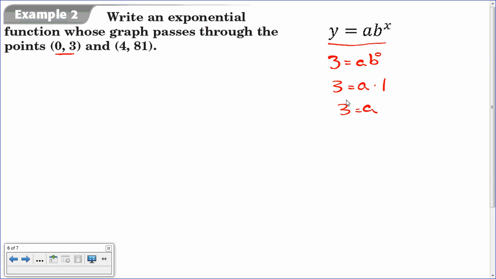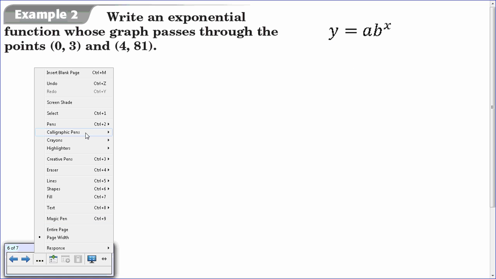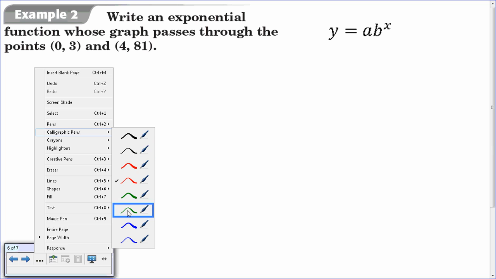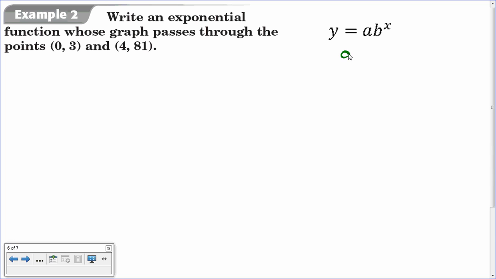Now, keeping that in mind, now that I know what a is, I can work and try to figure out what b is. So a is 3. Now looking at the other set of numbers over here, I've got an x number, I've got a y number, now I've got an a number. The only thing I don't have is b. If I plug these into this equation, I'll be able to solve for b.